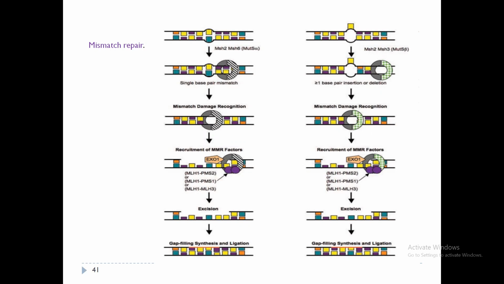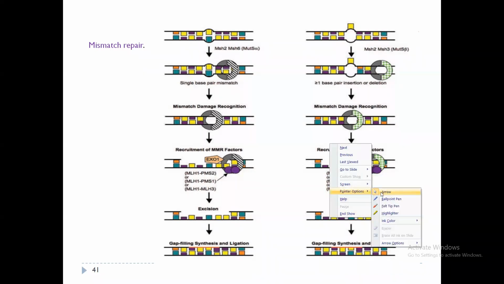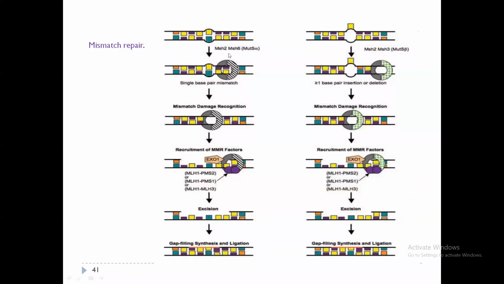As we can see in the picture, MSH2, MSH6, or MSH2, MSH3 complex. Then these recognition complexes recruit MLH1, PMS2, MLH1, PMS1, and MLH1, MLH3 alongside the exonuclease EXO1 that catalyzes the excision step.